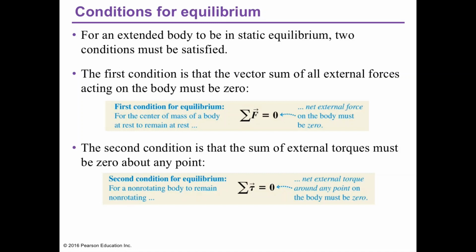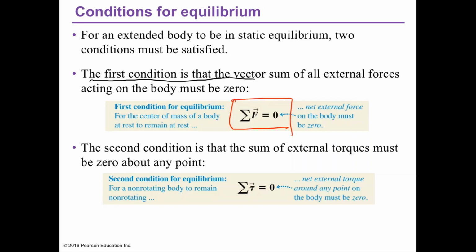This is often called the first condition for equilibrium. Basically, all the forces in their vector sum, that's the net force acting on this extended object, need to be equal to zero in order for this object to be in equilibrium.